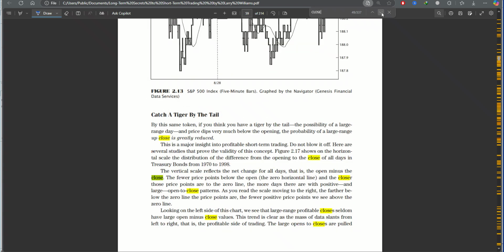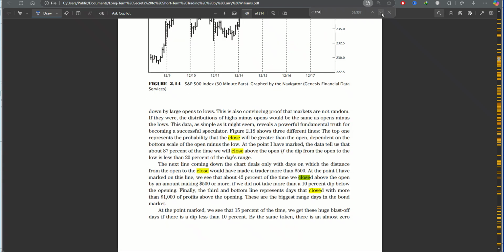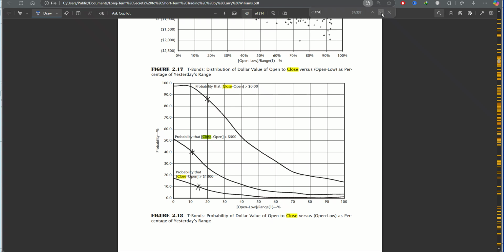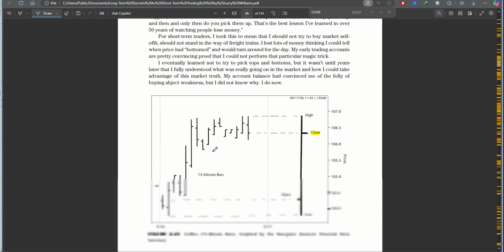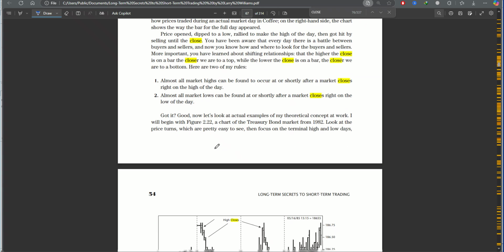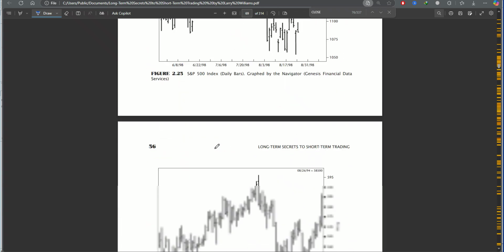Maybe I might be close. I don't want to waste your time. Market bottoms with price closing on the low of the daily range. Well, there are many places where he actually recommended that you hold till the close.